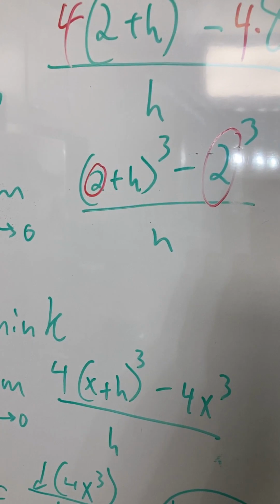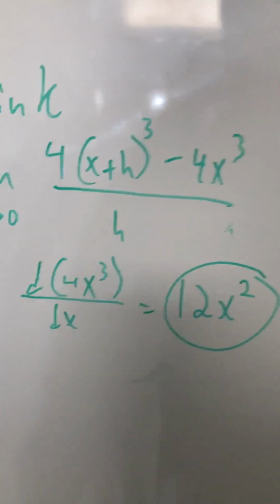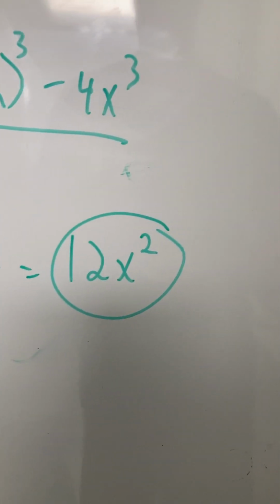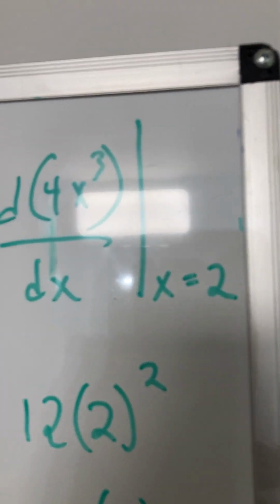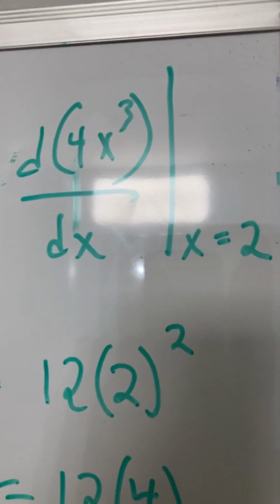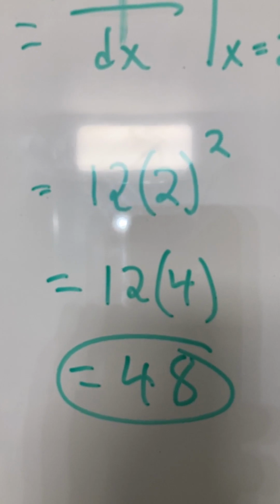Rewrote, saw that 2 is a conspicuous number, opened up my think bubble. Once I'm here, I'm doing the d 4x cubed dx. Oh, I know that's just a derivative, boom. And now I just need to do the derivative and evaluate the value of the derivative at x equals 2. And now I get down here. Okie doke.